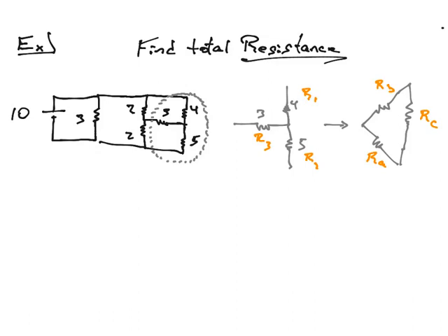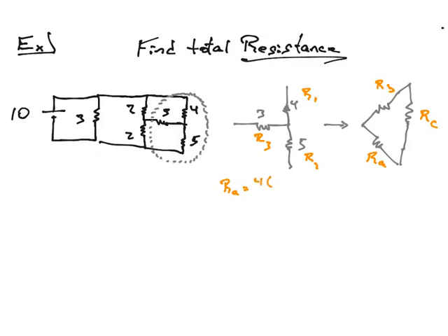So what I'd like to do is figure out what RA, RB, and RC should be such that I could replace that thing I've circled in gray with this new delta connection instead. Okay, well, let's try it. RA is going to be, just like before, the sum of the products of the pairs.